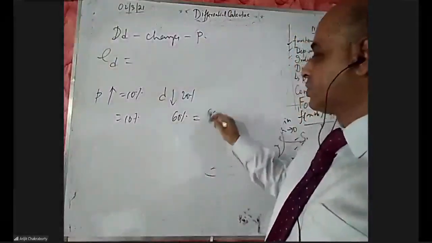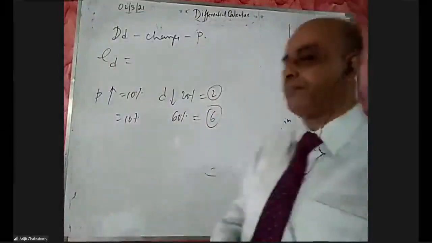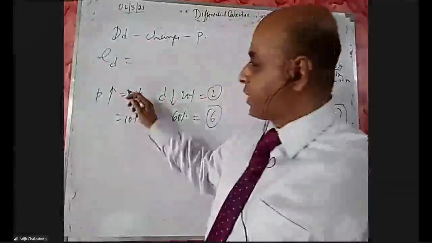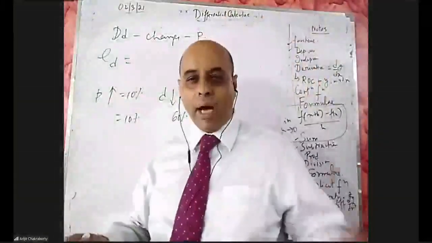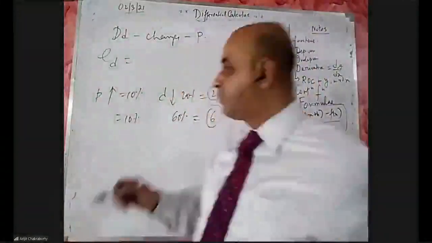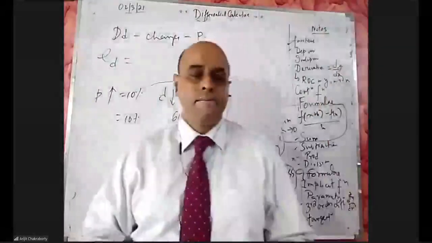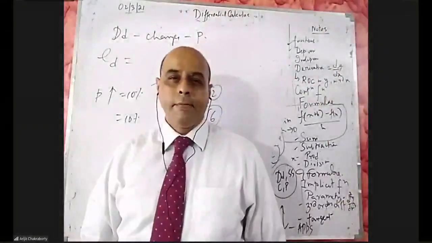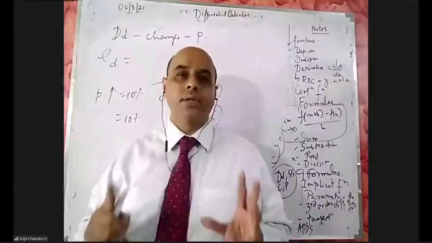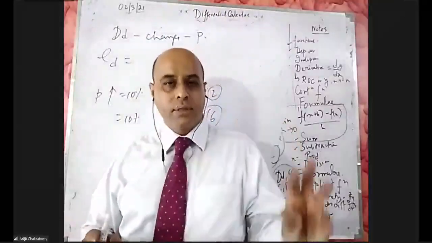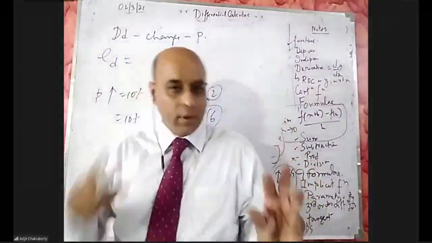So elasticity is 6. Here elasticity is 2. If price increases by 10%, but I reduce my consumption by 5%, that means price elasticity is half. So you can see that this is the concept of elasticity with respect to the price. What is the impact on demand?